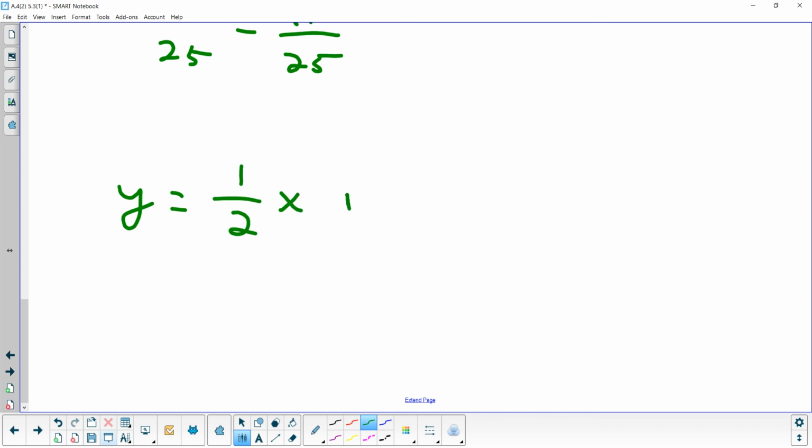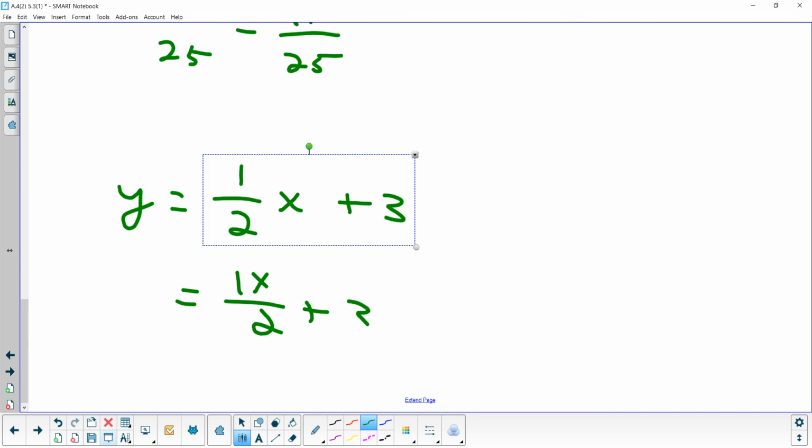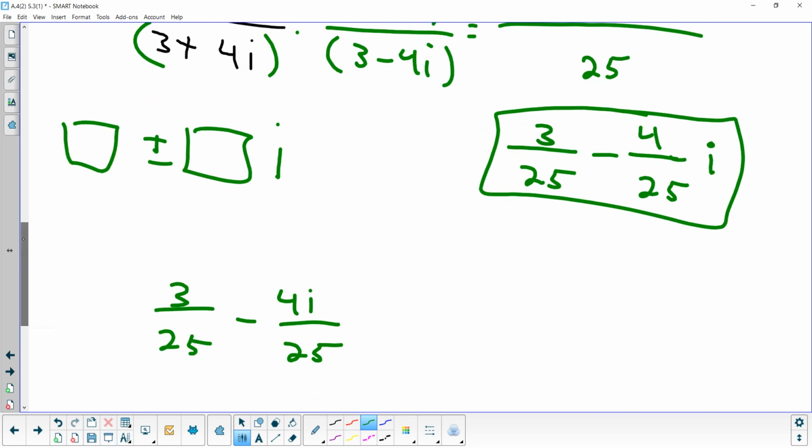Most people write it this way. That's your slope, that's your intercept. They just put the letter right in the middle of the fraction. You wouldn't be wrong if you did this. That's not normally how we teach that in Algebra 1, but you could do it. And it would be the same exact thing that you just mentioned right there.